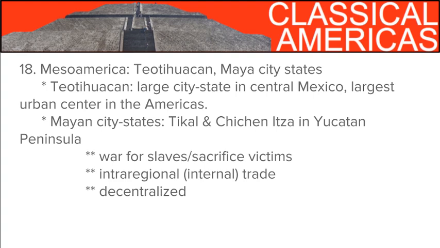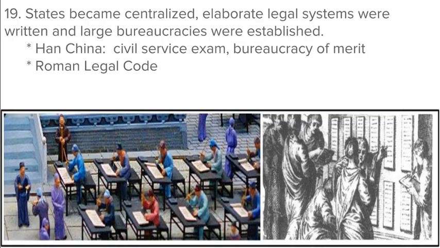Now, some states are going to have these large bureaucracies, elaborate legal systems, right? And the two main ones with the largest, most organized, most centralized are going to be the Chinese, in the Han Dynasty, and the Romans, right?